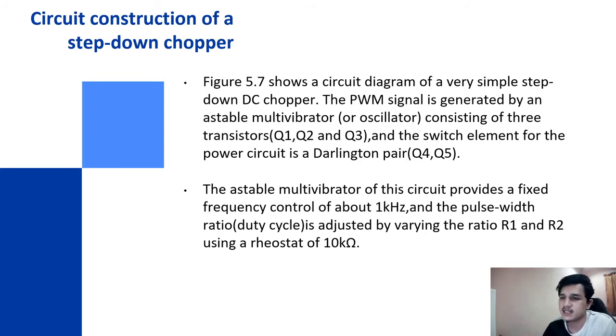Next, the astable multivibrator of this circuit provides a fixed frequency of about 1 kHz, and the duty cycle is adjusted by varying the ratio of R1 and R2 using the rheostat of 10 kilo ohm.